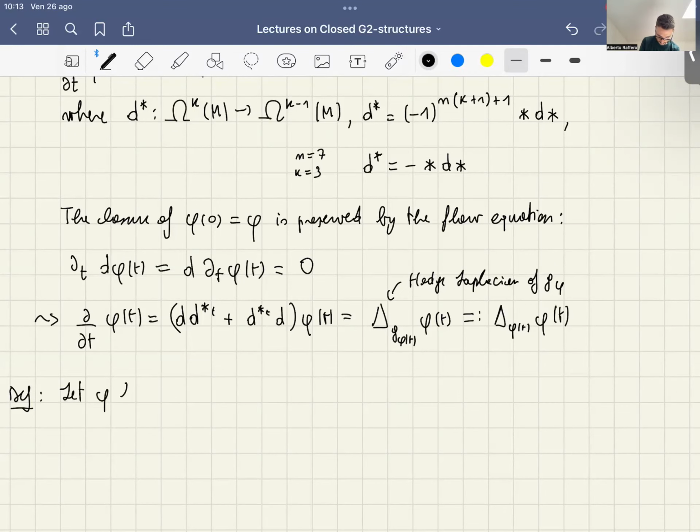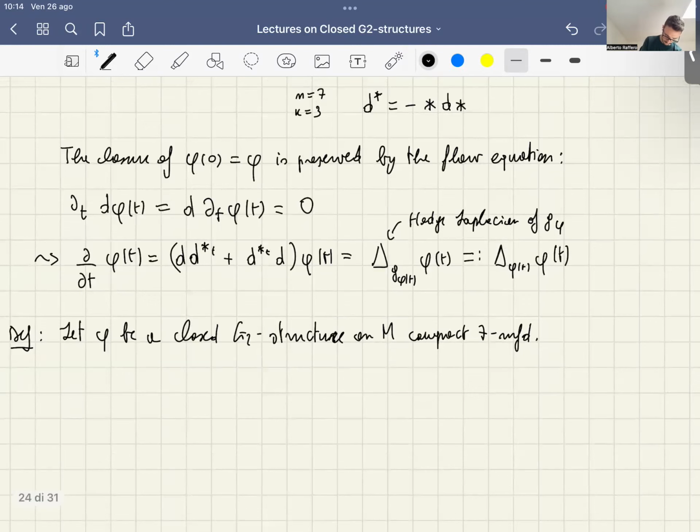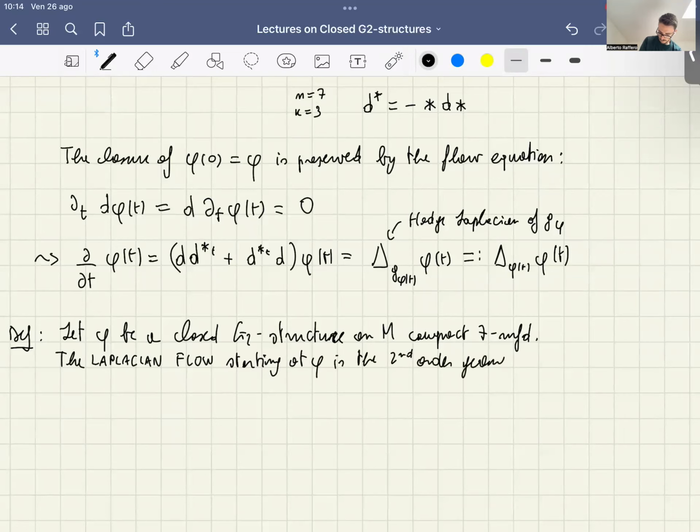So let phi be a closed G2 structure on M, a compact 7-manifold. Then the Laplacian flow starting at phi is the second order geometric flow defined as follows.